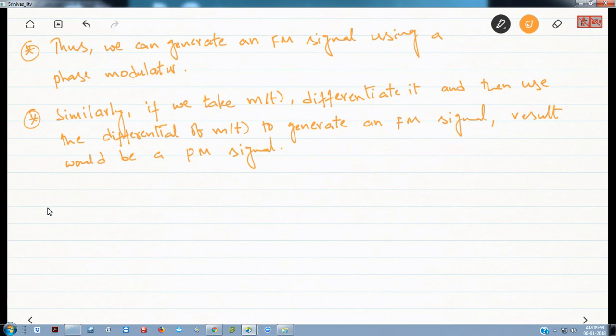So what I'm saying here, say we have m of t, and we are differentiating it and then applying it to a frequency modulator.